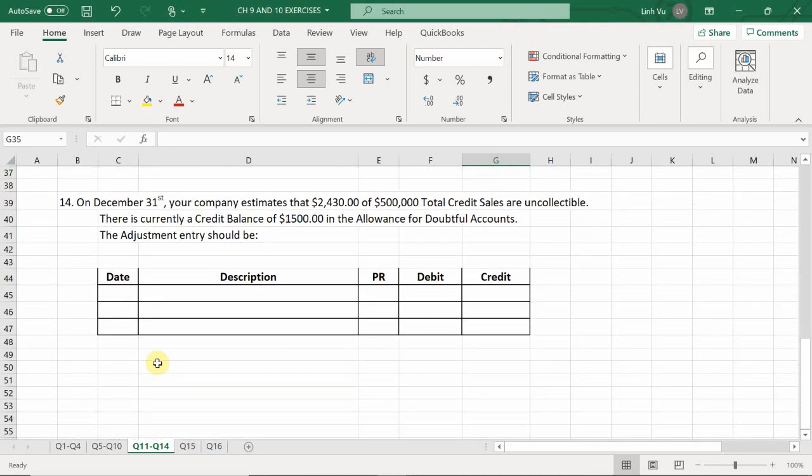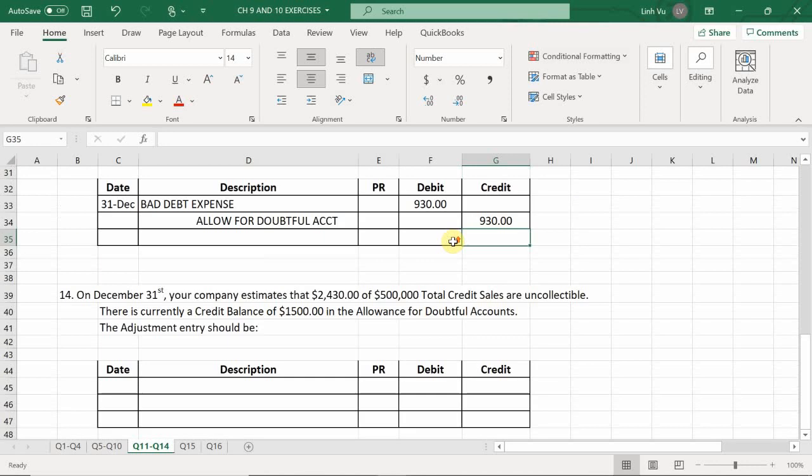Last but not least, question number 14. December 31st, your company estimates that 2,430 of its 500,000 total credit sales. Right there, you could stop here because you don't need to care about whether there's an account balance in the allowance for doubtful accounts, because this is the income statement.